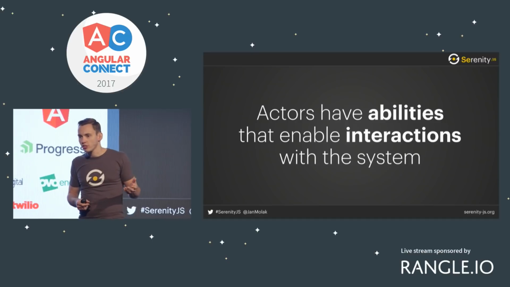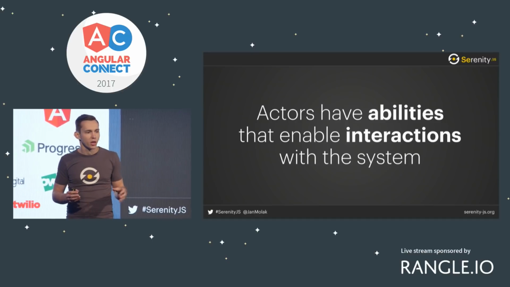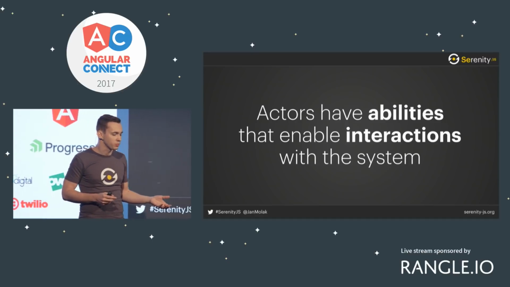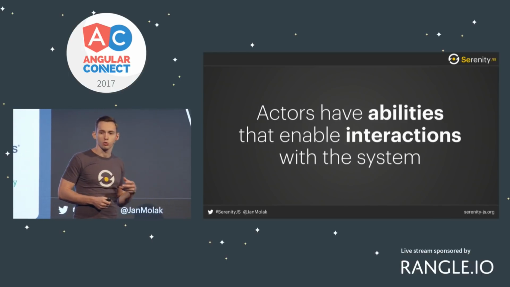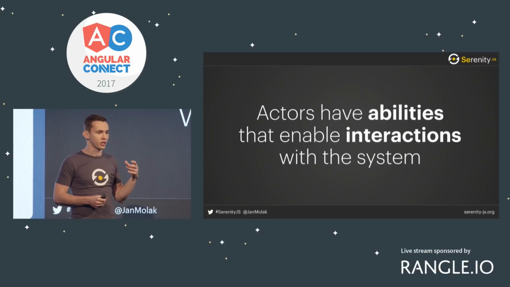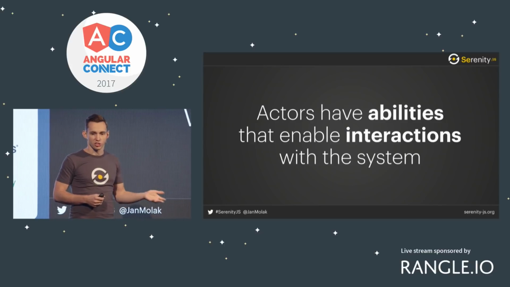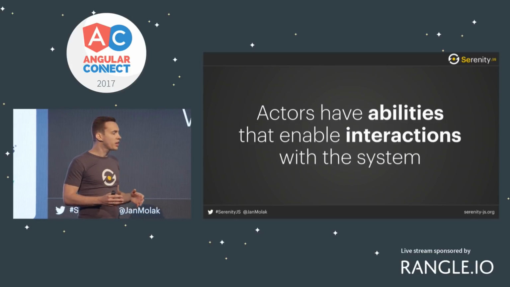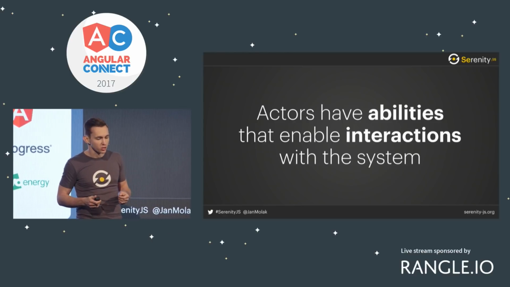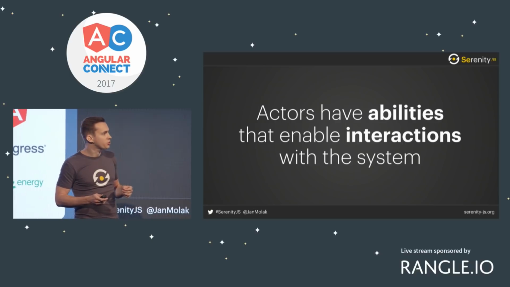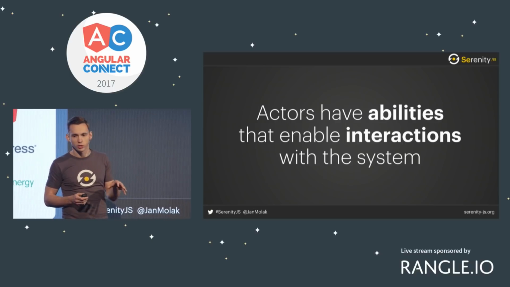You can think of abilities as thin wrappers around clients to a specific interface of your system. So the interface could be the web UI, it could be the mobile UI, it could be the HTTP API or a messaging API. Any external interface that allows third-party actors to interact with your system. And you can very easily create your own custom abilities to match your particular use case.